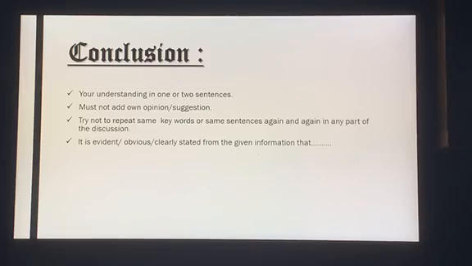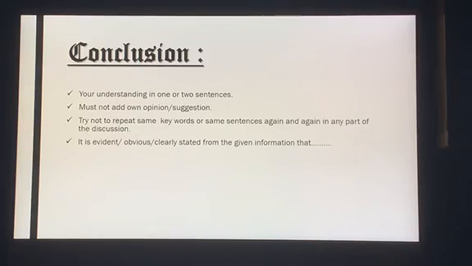So, what are the points that you should remember while describing your graph? Describing a graph, you should divide it into 4 parts. The first part is the introduction. The second part is the pattern or the main trend. The third part is the detailed description, and the fourth part is the conclusion. You give a nice completion of your description, and you should not repeat the words that are given in the question.